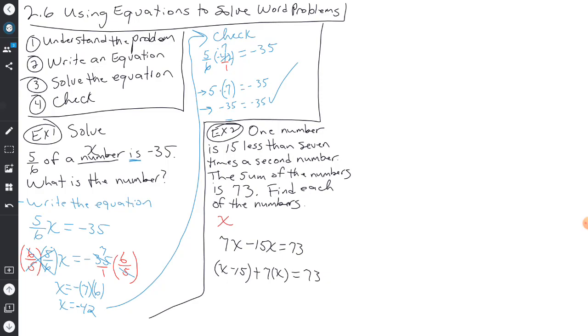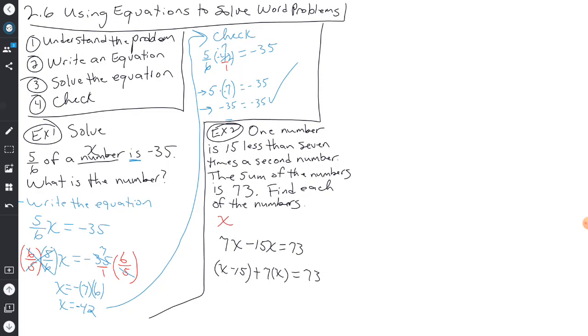Okay. Anything else? I did basically the same thing, but I did 15 minus x instead of x minus 15. Okay.